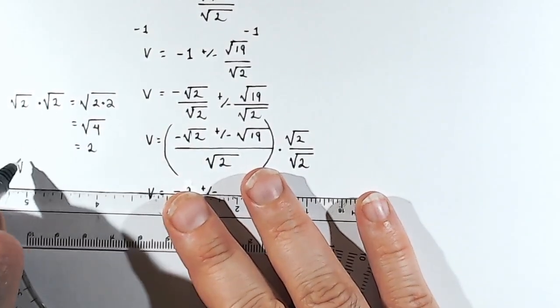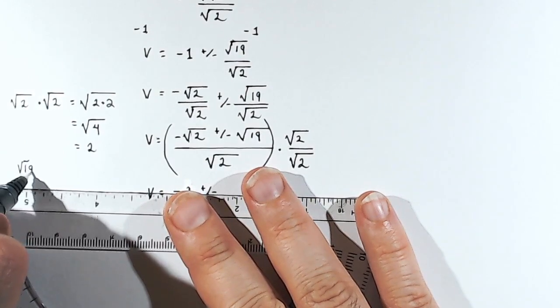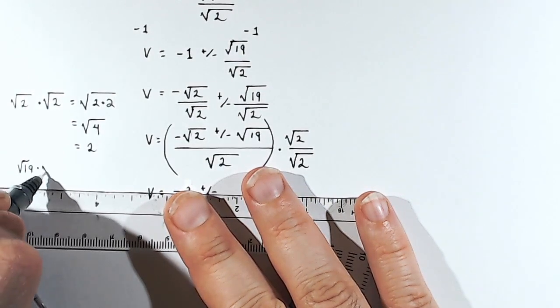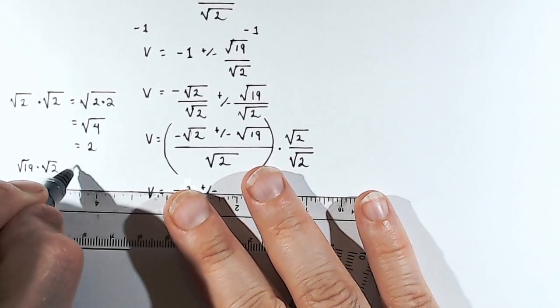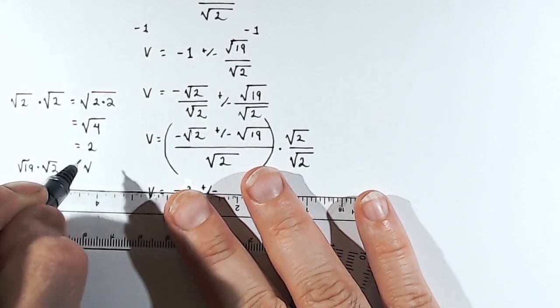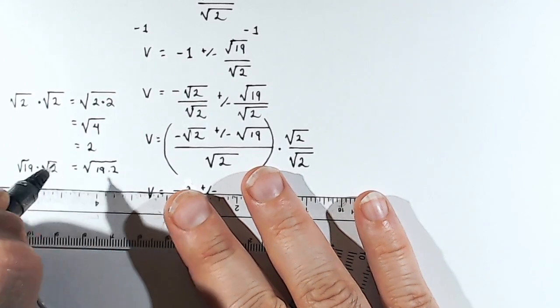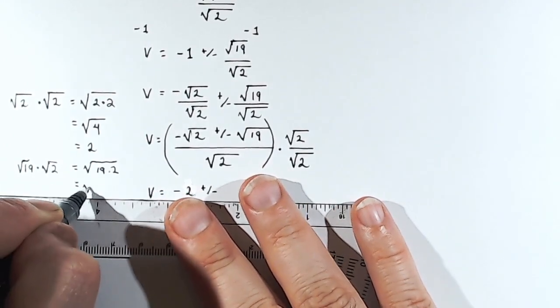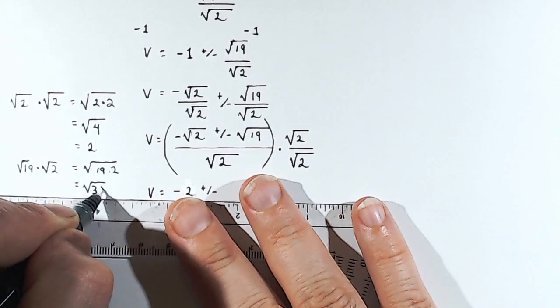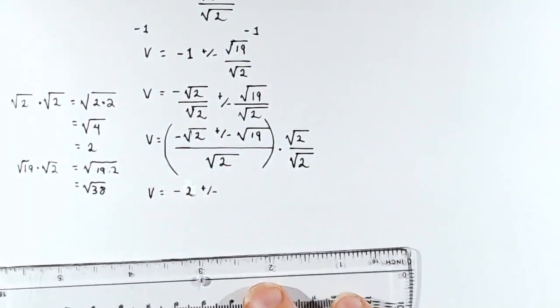And now the square root of 19 times the square root of 2 is equal to the square root of 19 times 2, which is equal to the square root of 38. All right.